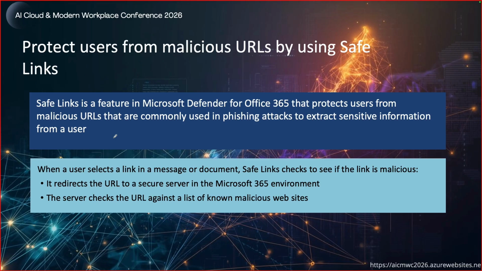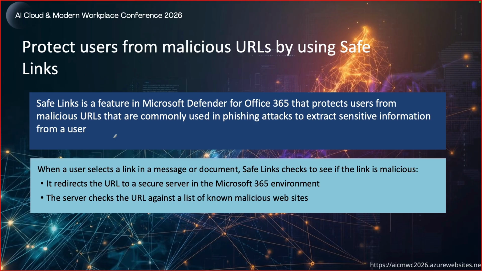So what it does, when a user clicks a link in a document, and as I told you before, that link has to be in a Microsoft 365 application. A link in a Word document, a malicious link in an Excel document, a malicious link in an email message in Outlook, a malicious link in a Microsoft Teams chat or wherever in Microsoft Teams anyway.